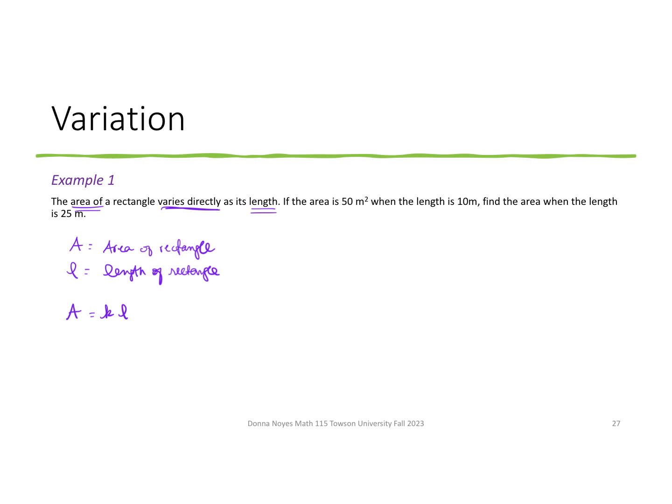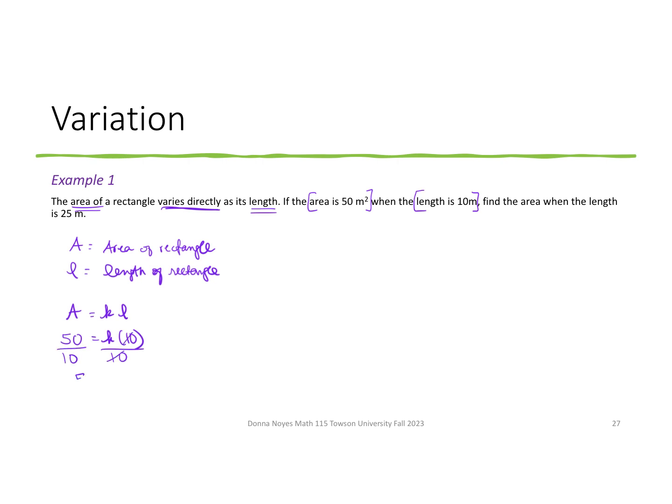It says if the area is 50 square meters when the length is 10 meters, find the area when the length is 25. So let's start with the area is 50 when the length is 10. I have 50 equals k times 10, and we can undo that by dividing both sides by 10.